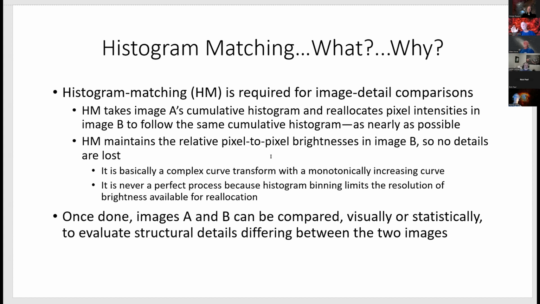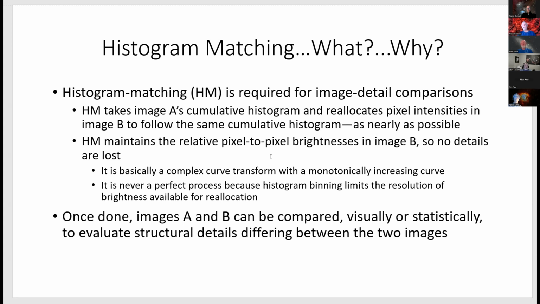It's done on a cumulative curve. So the values of pixels are shifted in toto to a new position. They aren't some made brighter and some made dimmer. They're all either made brighter or dimmer as needed. It's basically a complex curve transform with a monotonically increasing curve, if you're looking at it in PixInsight curves transformation or something like that. It's never a perfect process because of histogram binning.